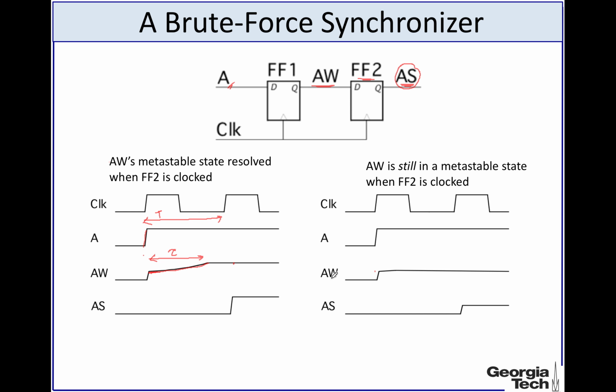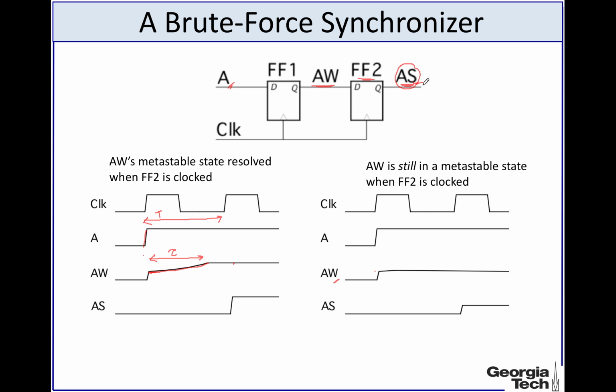In this case, the signal AW is still in the metastable state when flip-flop 2 is clocked, and as a result there is a certain probability that this metastable state will propagate into the final output of the synchronizer AS. So in a 2 flip-flop synchronizer there is a certain probability that the metastable state will still propagate to the rest of the circuit.